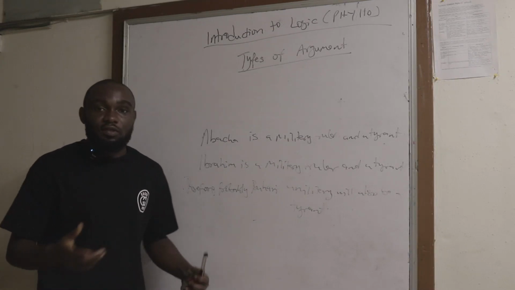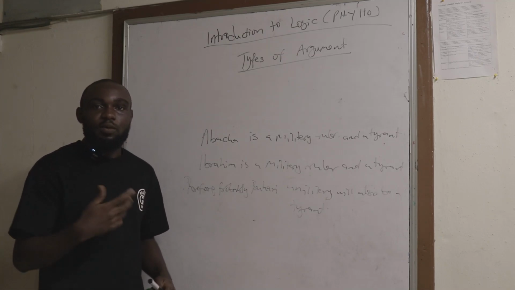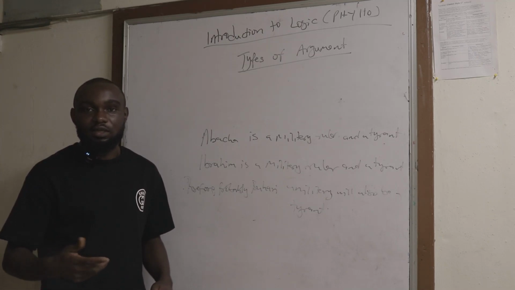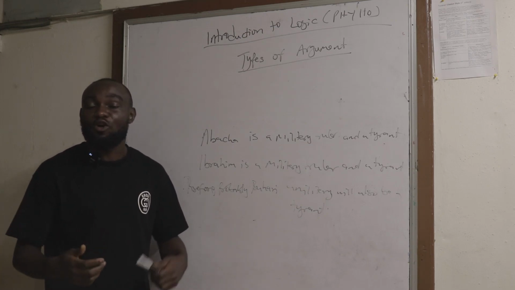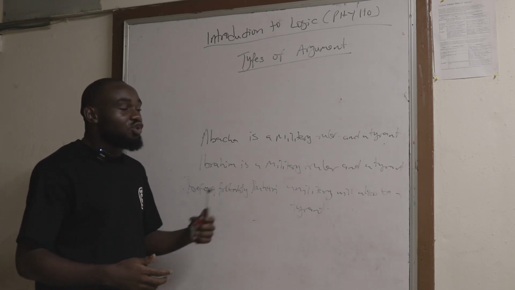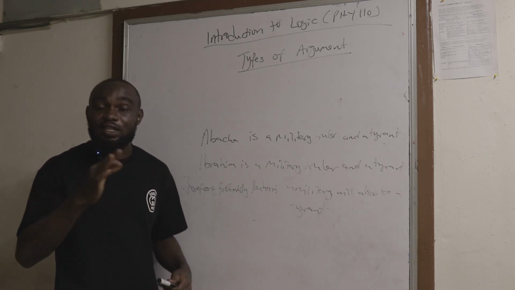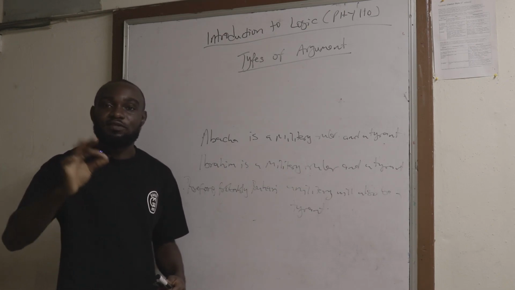Okay, so an inductive argument entails probability, while a deductive argument entails certainty. So what you should look out for in an argument is if the premises provide a conclusive ground or a probable ground for accepting the conclusion of an argument. So if the premises in the argument provide a conclusive ground, know that that argument is a deductive argument.